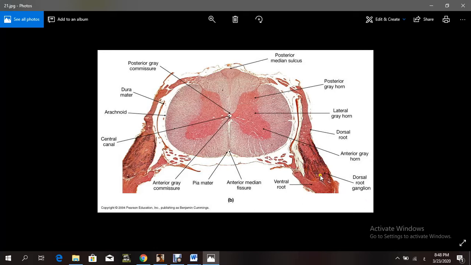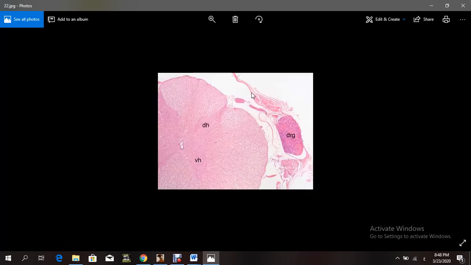They are not distributed all through the ganglia, as we can see, but in groups at the periphery of the ganglia. This is the dorsal root ganglia, and nerves go from them towards the dorsal root of the gray matter.